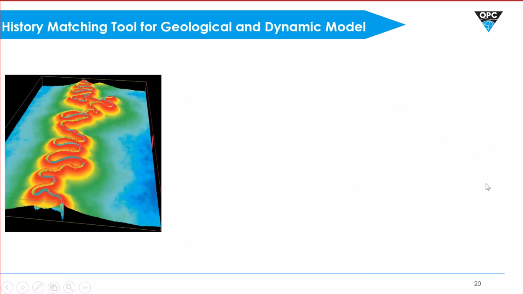Ultimately, though, you should still make a full field numerical simulation model. But ConvEx can be an extremely useful tool to help you build your simulation model at the start. So here I have my channel reservoir, for example, and this is how I would use ConvEx to history match this model.